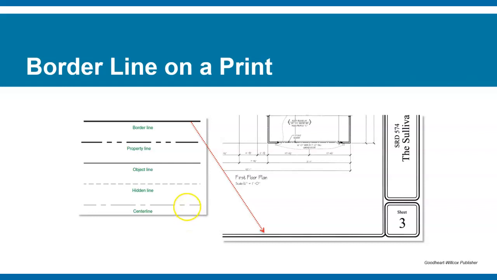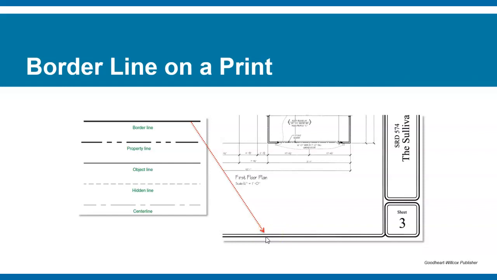So, where do we see border lines? Like I said, you usually see the border lines on the outskirts of the actual sheet or blueprint that we're reading. Okay? And there it is right there. You can see it's that thinner of the dark lines.